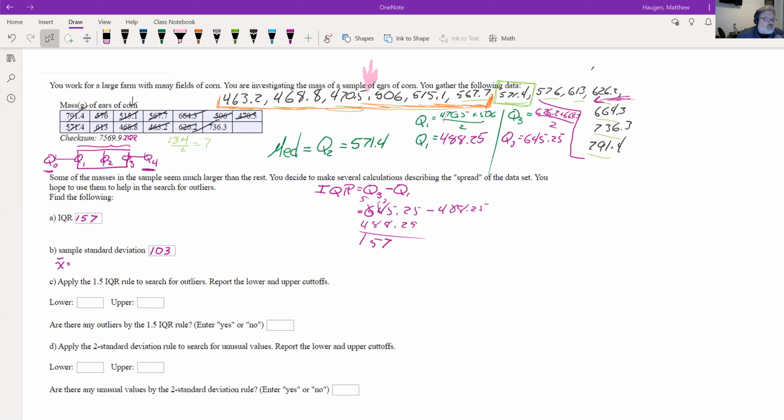I did it in kind of a weird way, so check this. Make sure it looks reasonable, but I did it in kind of a weird way on the calculator here. So tell me if anybody else gets that value.